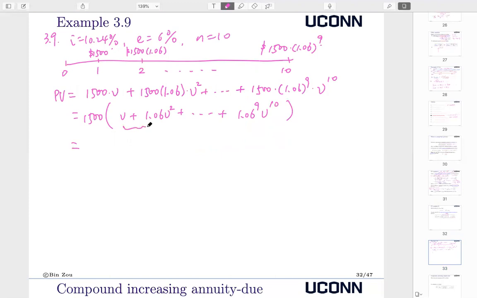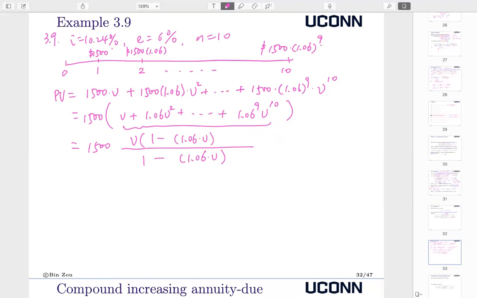So inside the bracket is obviously a geometric sequence. The ratio of this particular geometric sequence is 1.06 times V, and the first term is V, over 1 minus this ratio. Then we need to count how many terms we have.